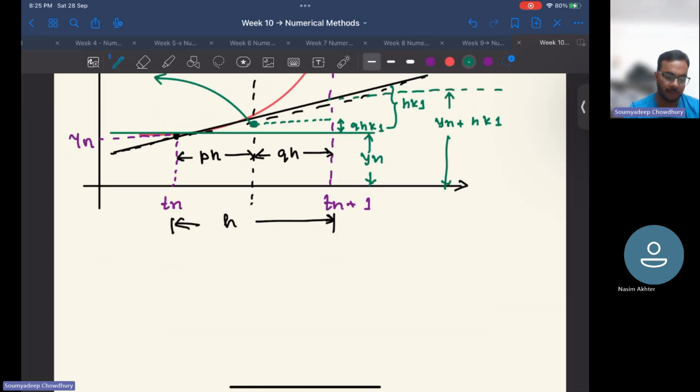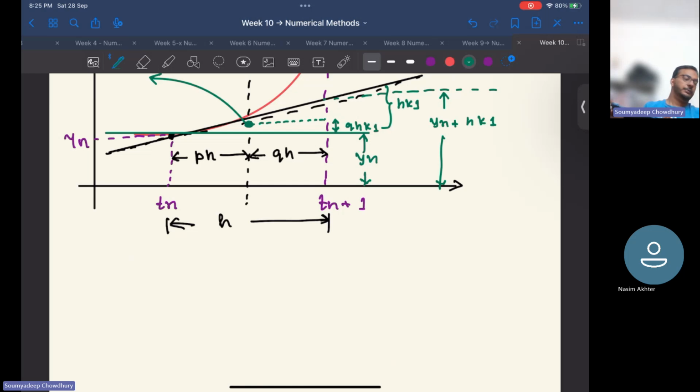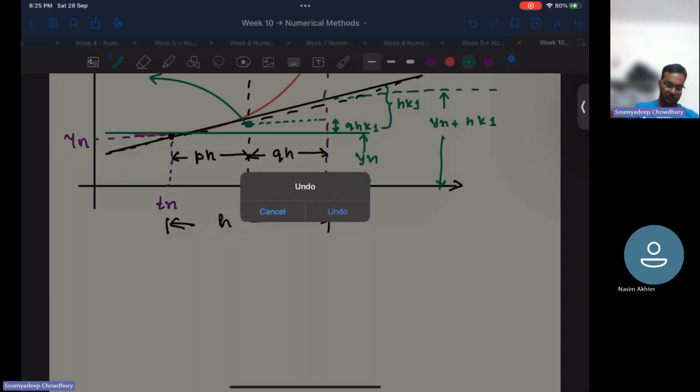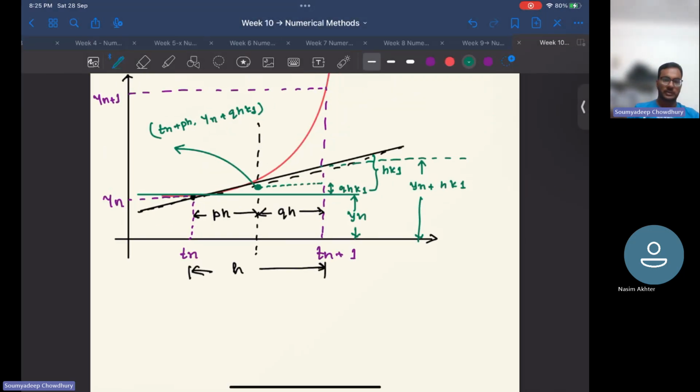So this is the point at which we are trying to find the slope. I'll upload these notes. Now it might be difficult for you to understand, so you can go back and have a look at it again.